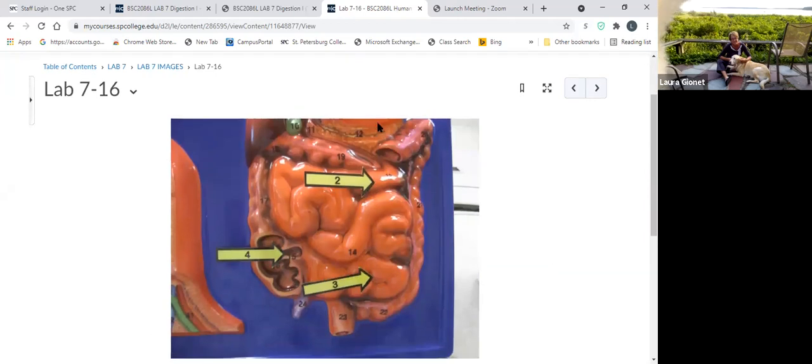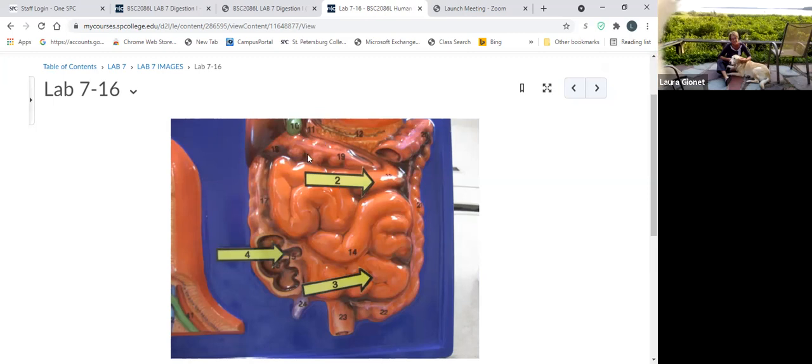Okay, so here we're looking at the remainder of the small intestine. We looked at the duodenum, which is generally the region where the pancreas and the duodenum meet at the sphincter of Oddi.